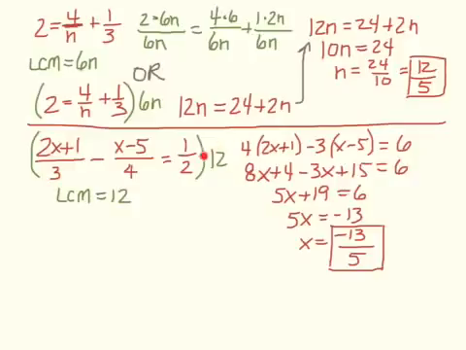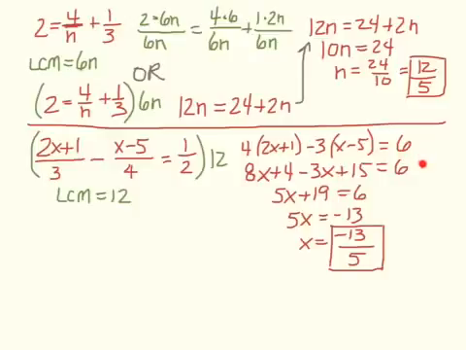So we're going to multiply 12 times the entire equation. Well, 12 over 3 reduces to 4, so I multiply 4 times 2x plus 1. 12 over 4 is 3, so I multiply 3 times x minus 5. And 12 over 2 is 6.